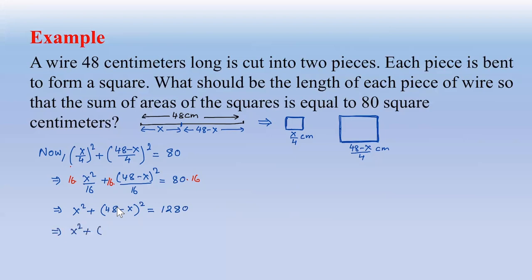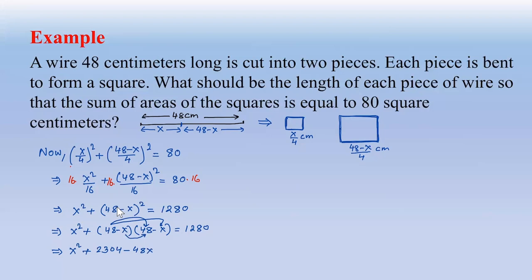So now let's simplify the left-hand side. X squared plus (48 minus X) quantity squared, which is (48 minus X) times (48 minus X), equals 1280. Here we can FOIL now. 48 times 48 is 2304. 48 times negative X is negative 48X.